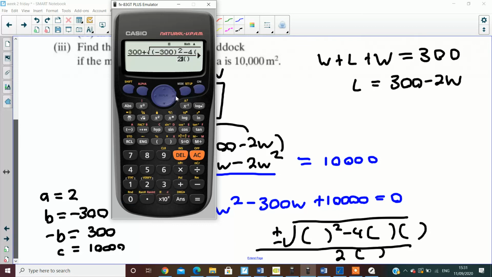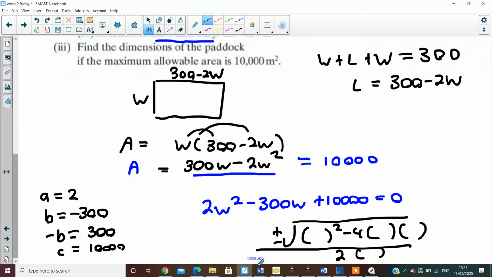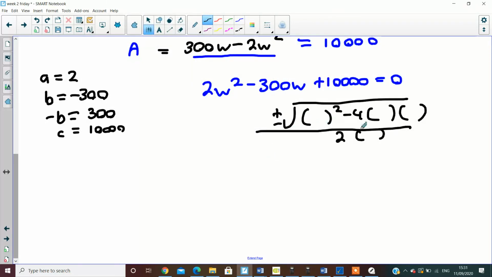Why do you only want the positive answer? Width has to be positive. So the width is 100. So you fill that out here. That's 2 times 2, 10,000. That's 300. That's plus 300. W equals 100. All right.